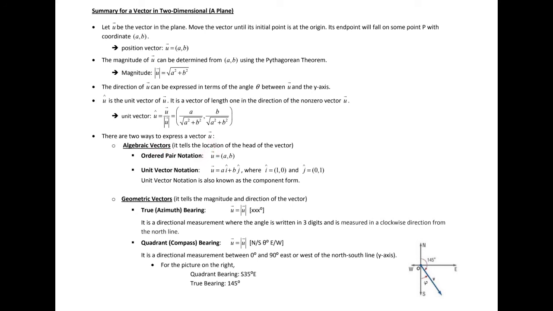It can be written as ordered pair notation or the unit vector notation. The second way is called the geometric vectors, which indicates the magnitude and the direction of the vectors.